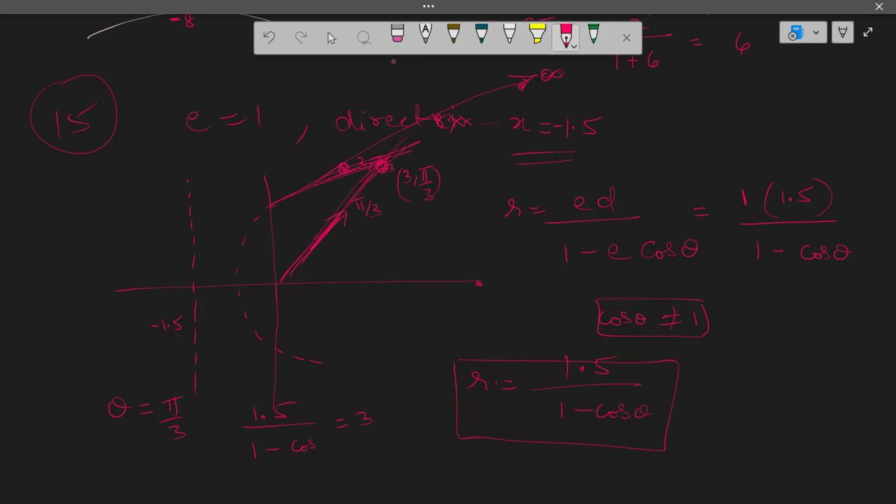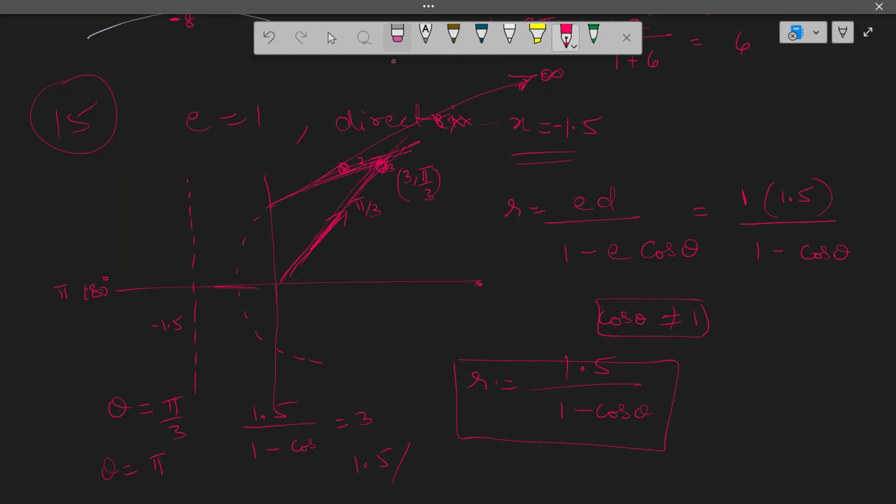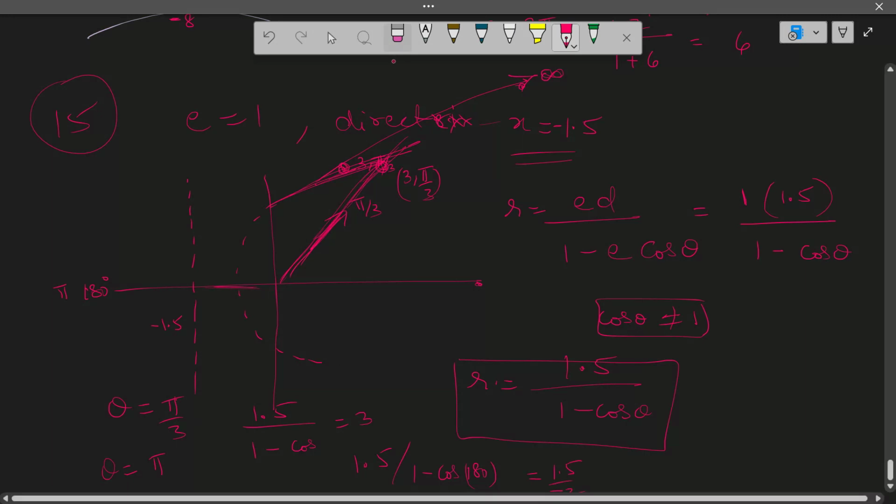All right, now what about if theta is 180? If it is pi, that is over here. This line is 180 or pi. So if theta is 180, it's 1.5 over 1 minus cos of 180. So cos of 180 is going to be negative 1. So therefore that becomes 1.5 over, is it negative 1?